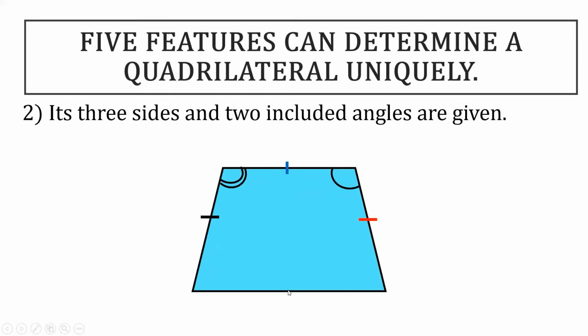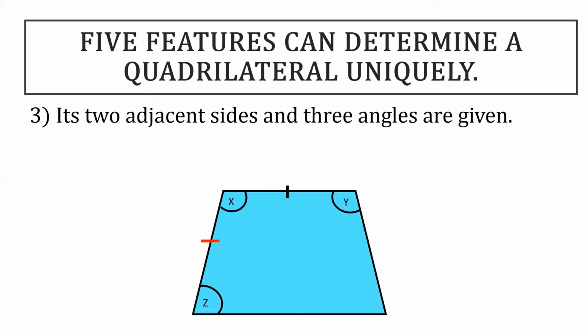Here this side is not known to us, and if this angle is given to us, then we cannot construct. The 3 sides must be known and the 2 angles which are lying between the known sides must be given, only then can we construct a quadrilateral.